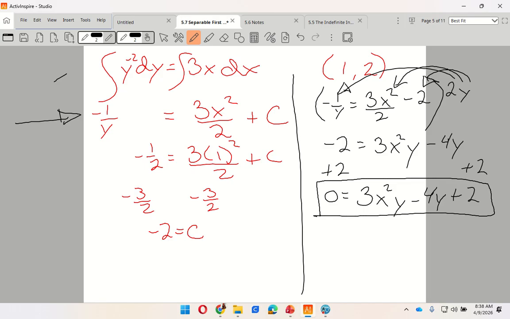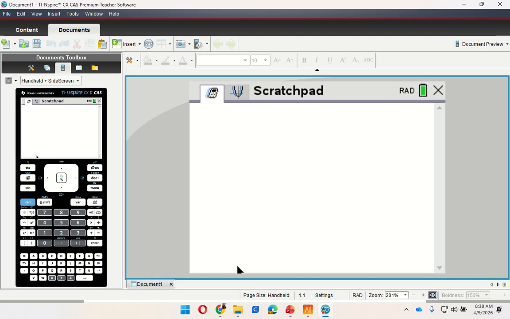If you could please, let's get your calculator out so I can show you how to do these. Now, this is the part that actually messes me up every year, because when I first learned how to do this, the calculator had to update afterwards, so it has a different notation for this.